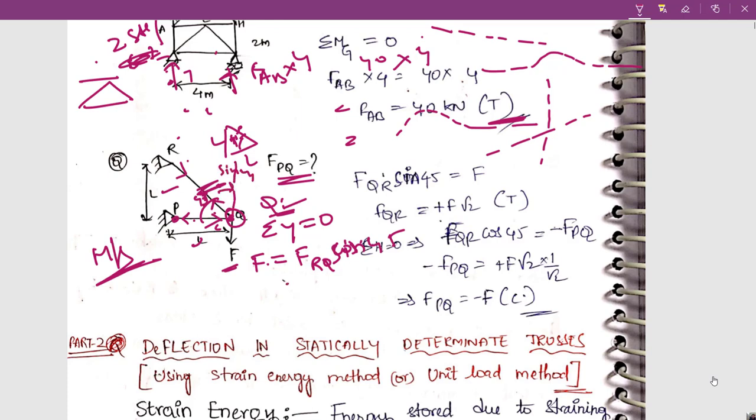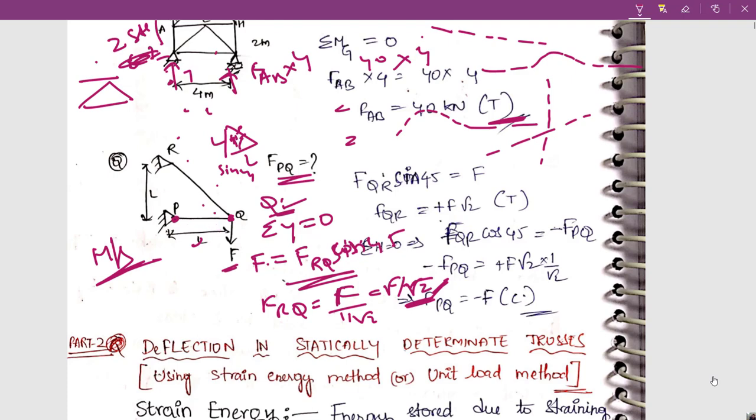So F equals FRQ sin 45. My FRQ value will be F by sin 45, which is F by 1 by root 2, or F root 2. My assumed direction is correct as I got a positive value. I assumed it as tensile force, so I got the right answer. So I got the value as F root 2.